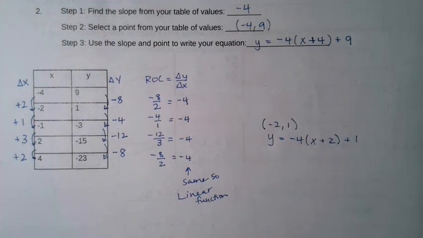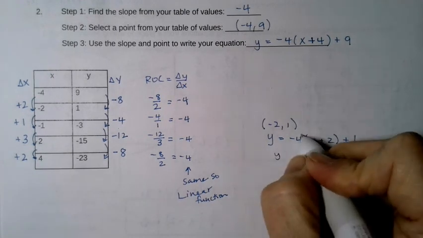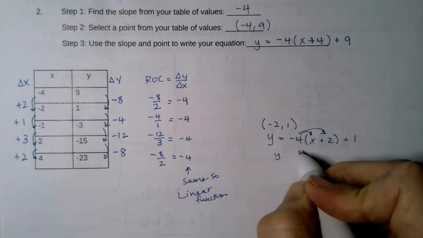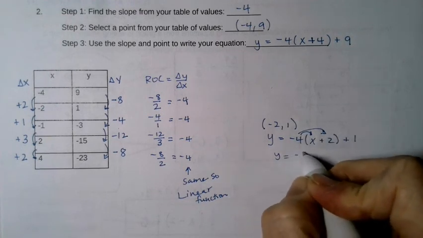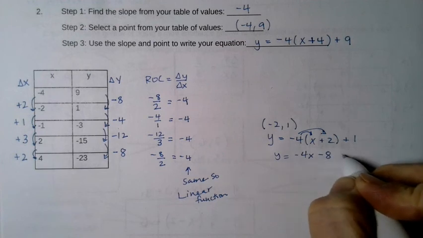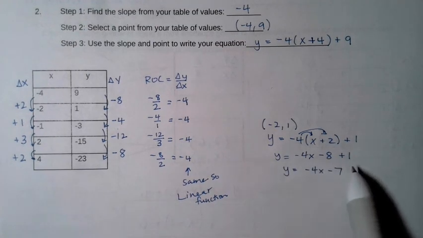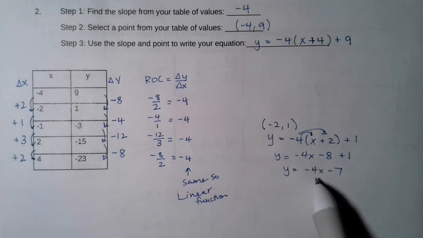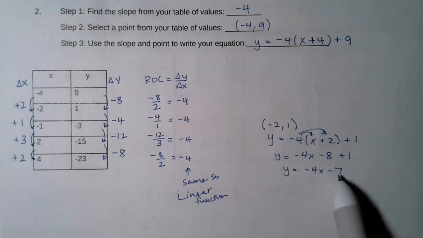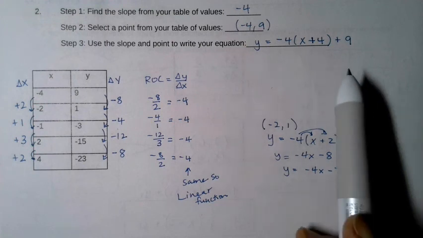And to put this in slope intercept form, I can do a little algebra. I could distribute that -4 and multiply it across there, and that's going to give me -4x minus 8 plus 1. And if I collect like terms here, I get -4x, and then the -8 plus 1 is -7.